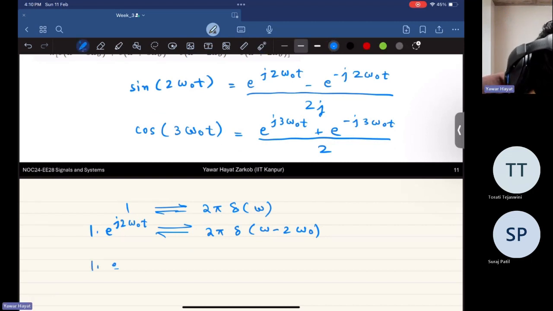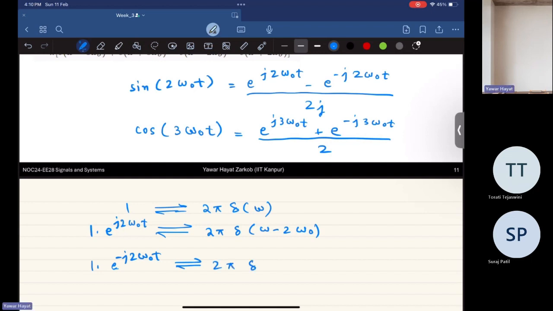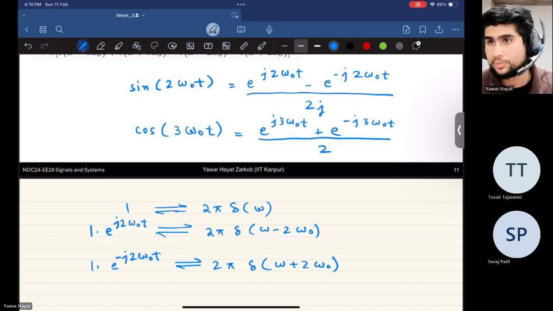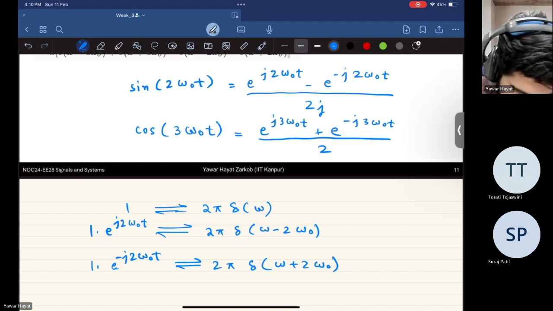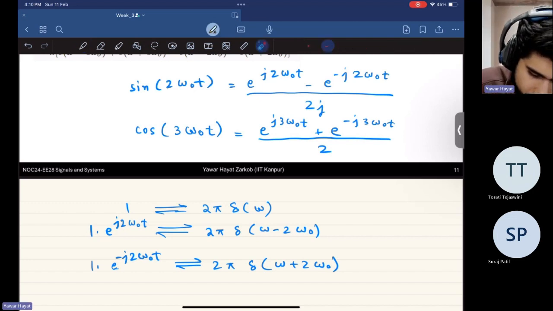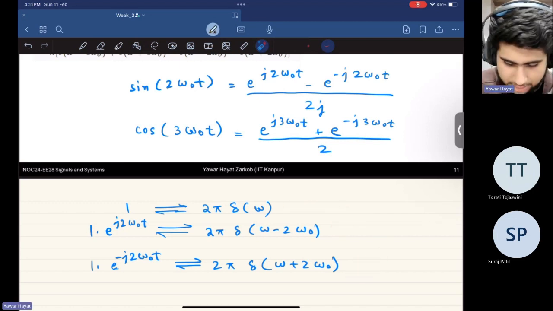E to the power j minus 2 pi del of omega plus 2 omega naught. Okay, so you can use frequency shifting to get this and frequency shifting to get this.